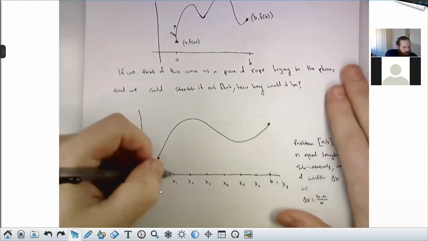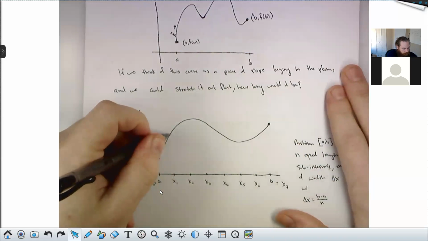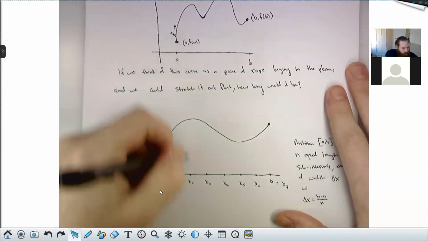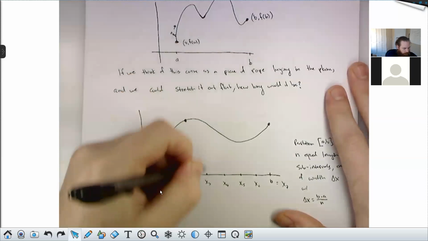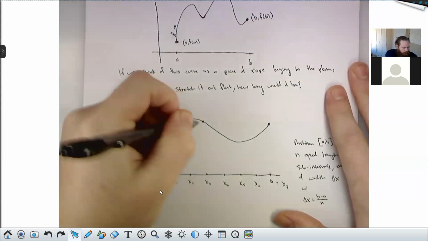And then we consider all these points on the graph at the endpoints of those subintervals.